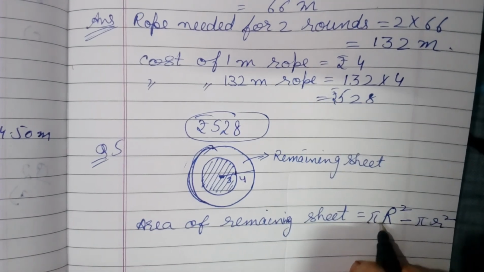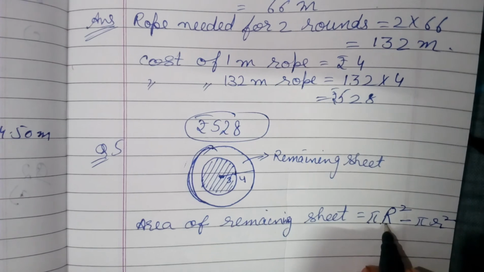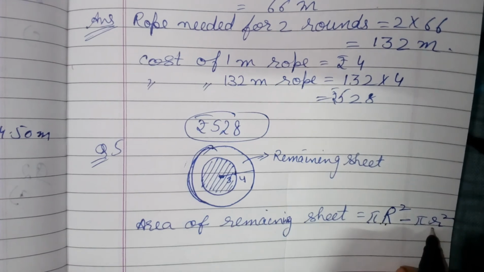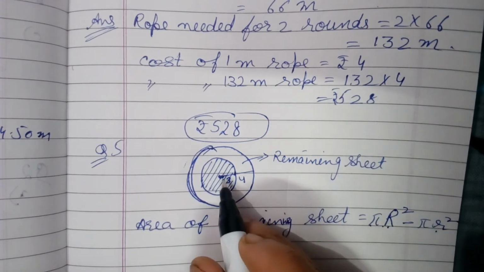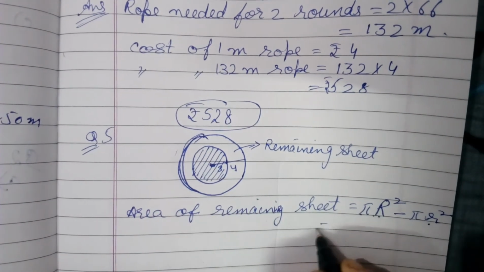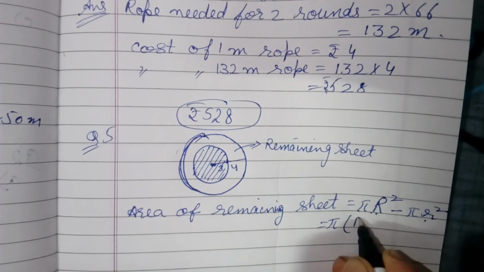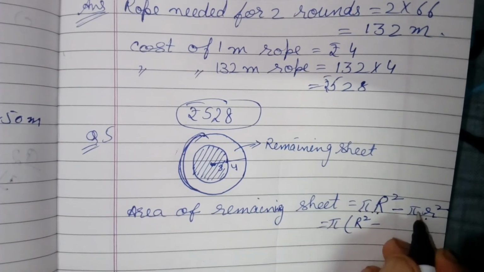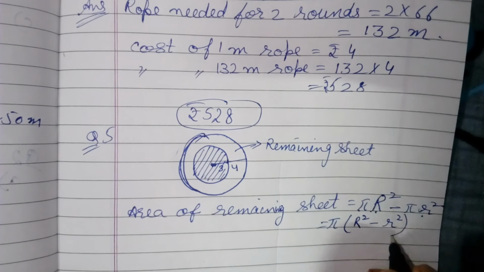See, I have denoted the radius of the bigger circle with capital R, and the radius of the smaller circle with small r. So pi you can take common, and we are left with R square minus r square.